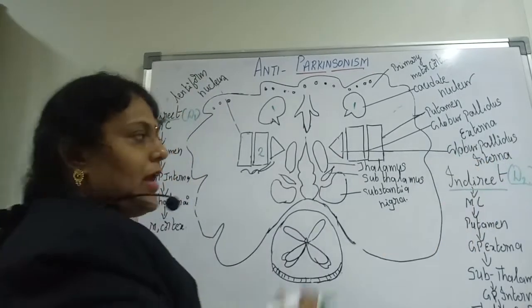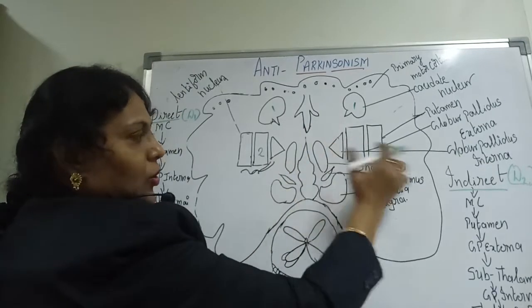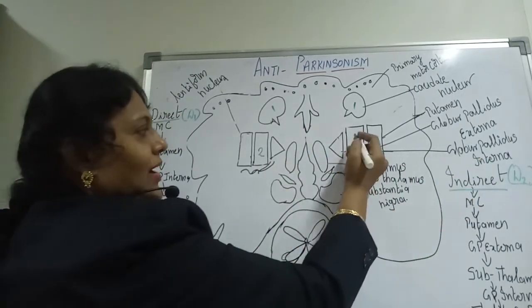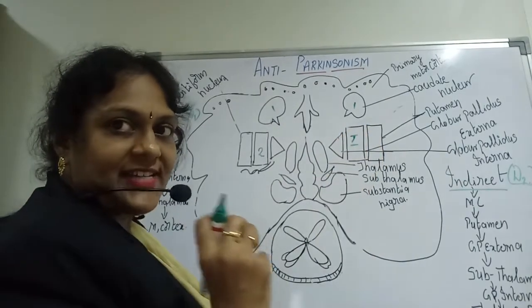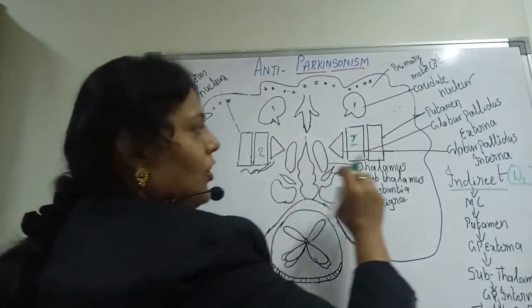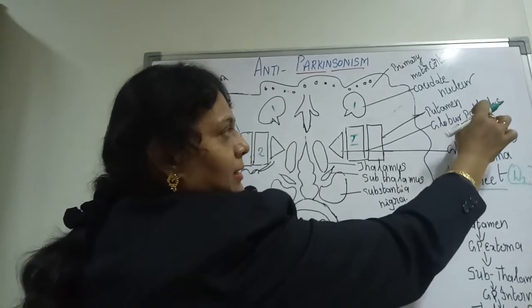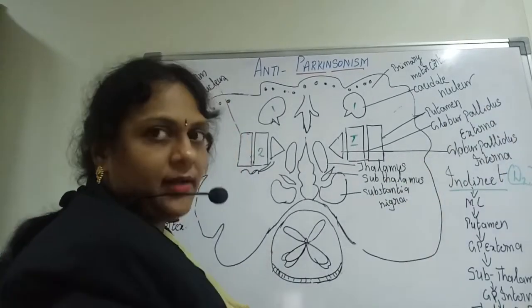Just below your globus pallidus interna, you have one rectangle-like structure. That rectangle structure is called the globus pallidus externa.